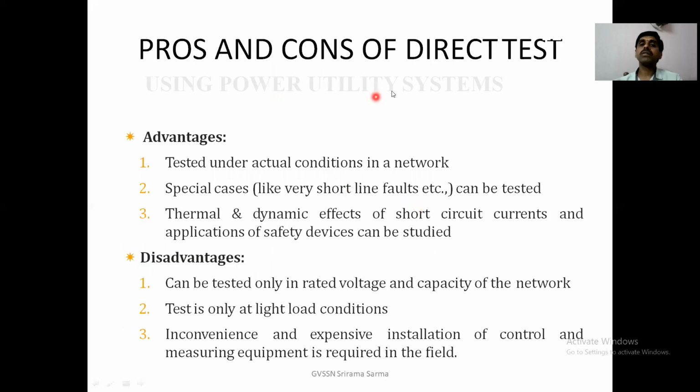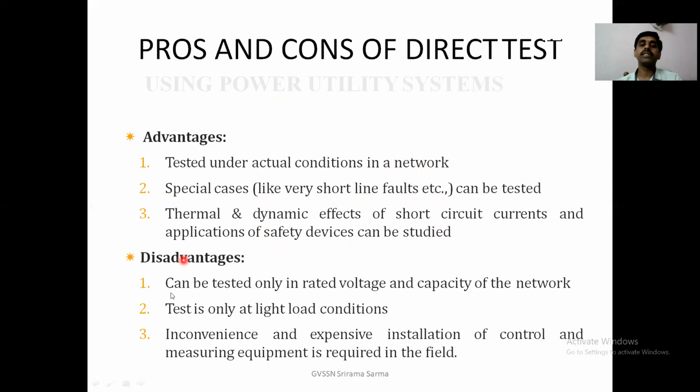So what are the pros and cons of this direct test using power utility systems? Advantages: tested under actual conditions in a network. Special cases like very short line faults can be tested. Thermal and dynamic effects of short circuit currents and applications of safety devices can be studied.